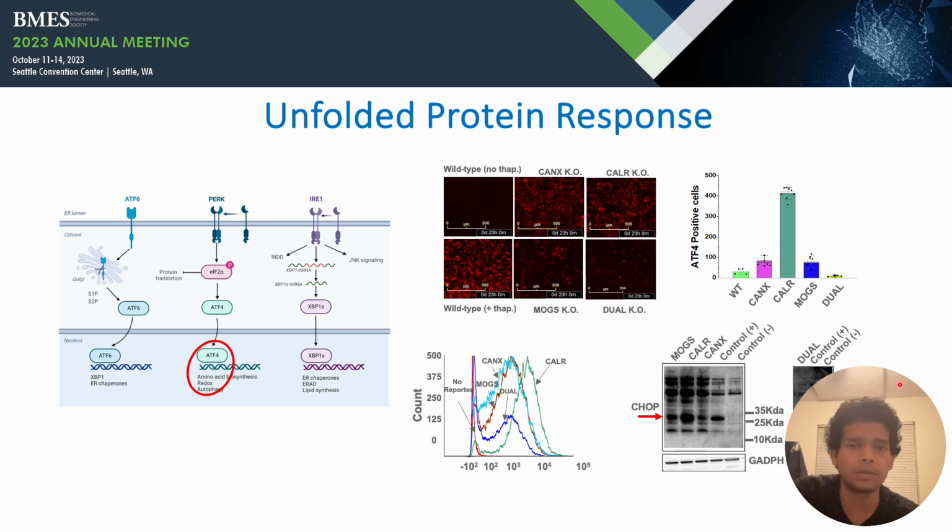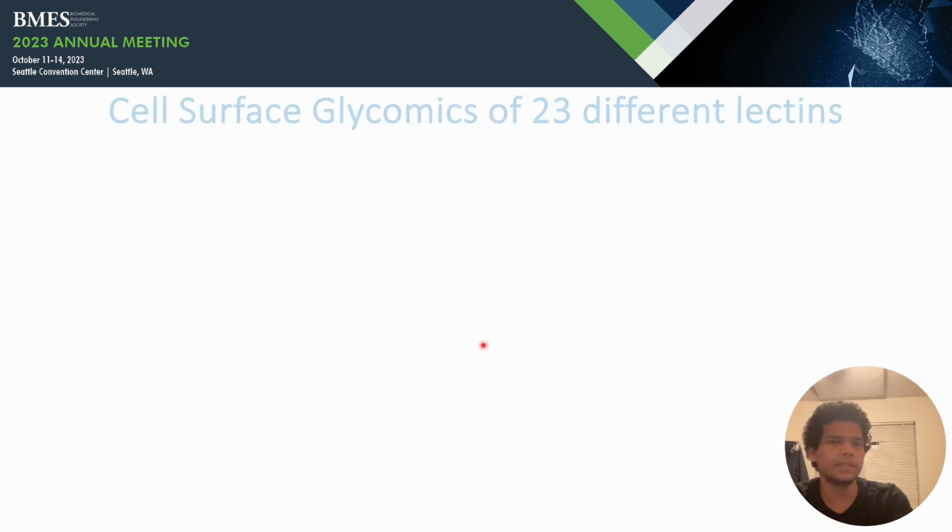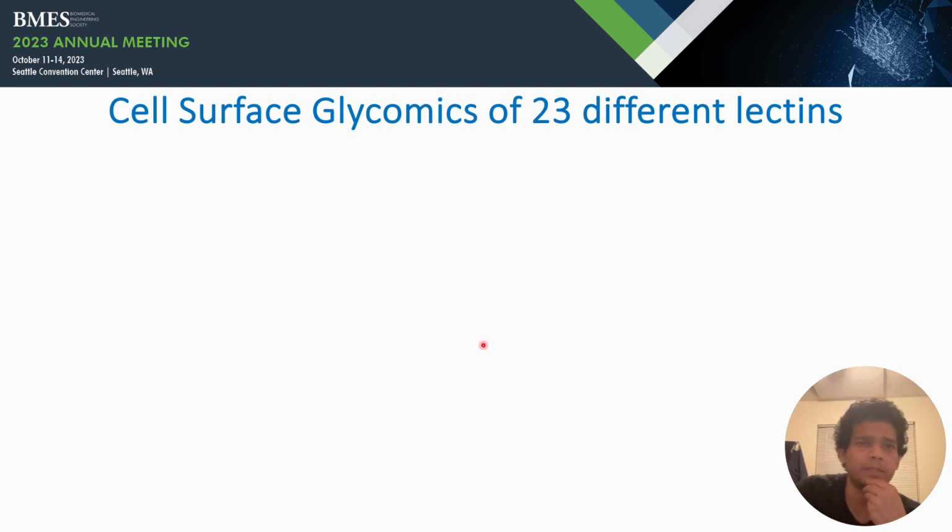And for the dual knockout, we are not able to see at this point, but the signals are almost negligible, and that is in line with our fluorescence assay.